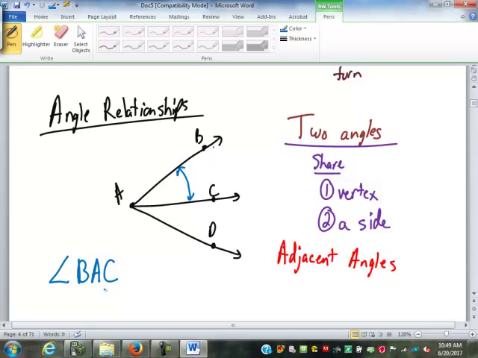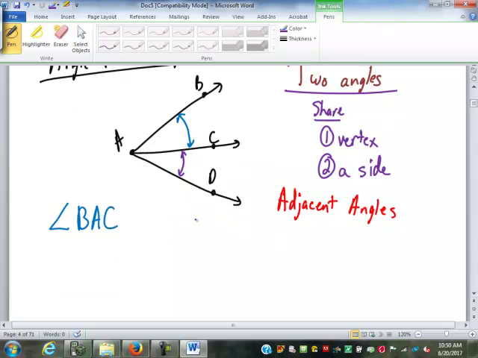Doesn't matter which side I name first, but the vertex has to be in the middle. If there's more than one point on each side, it doesn't matter. I can pick any of those points on the sides to name it. If my second angle is this one, can somebody name that angle for me?